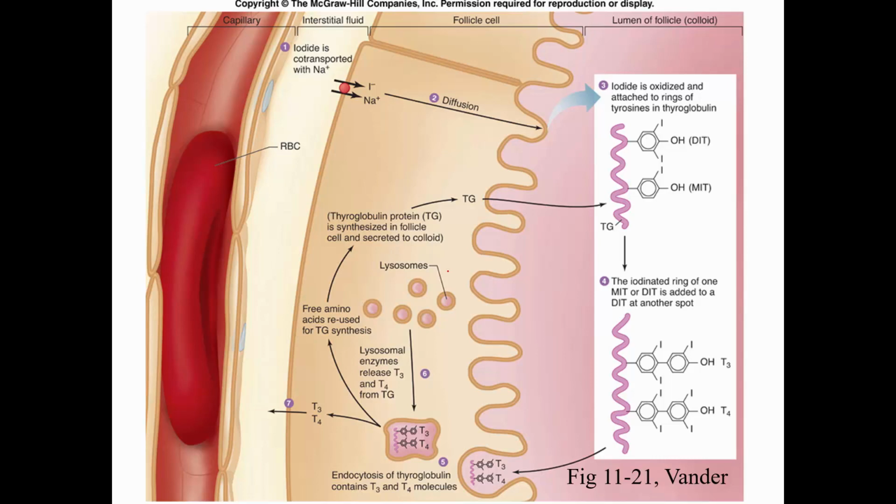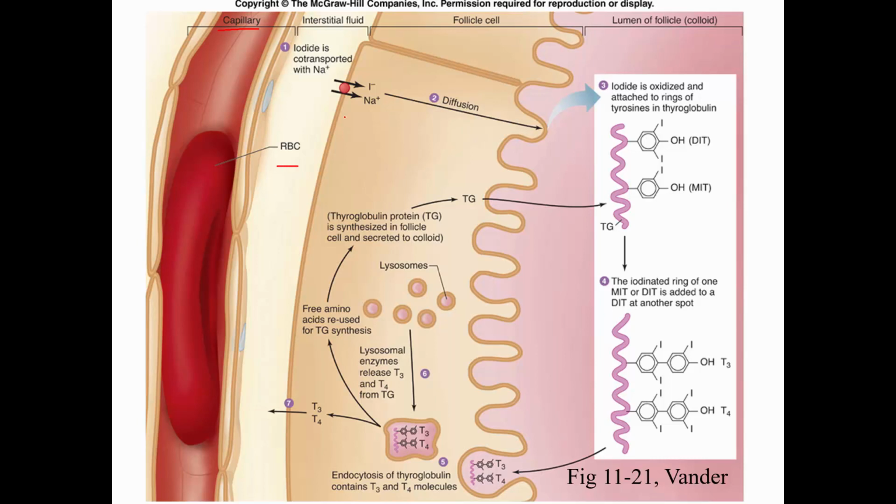So the thyroid gland is organized into follicles. Here we see a capillary, and there's a little red blood cell. Here's a thyroid follicle.